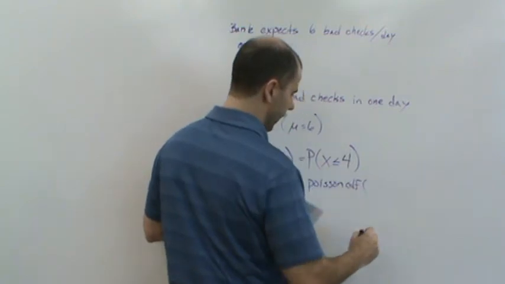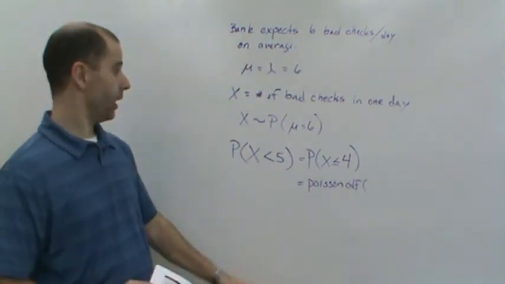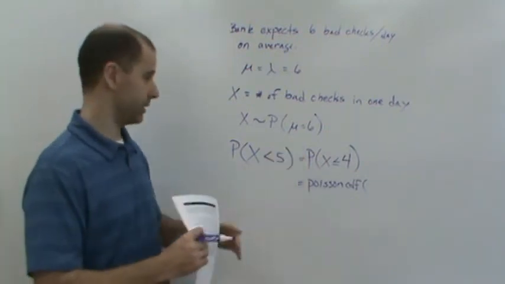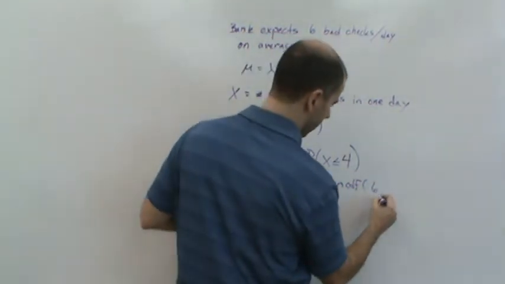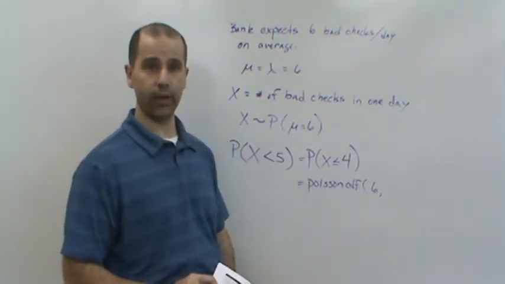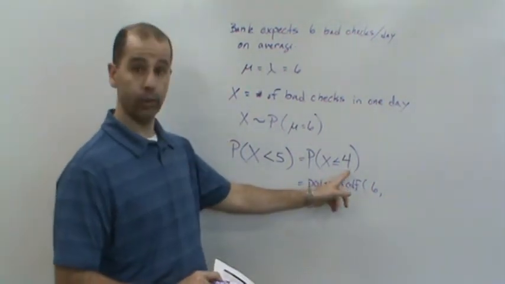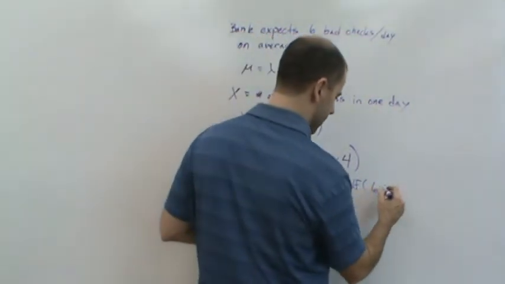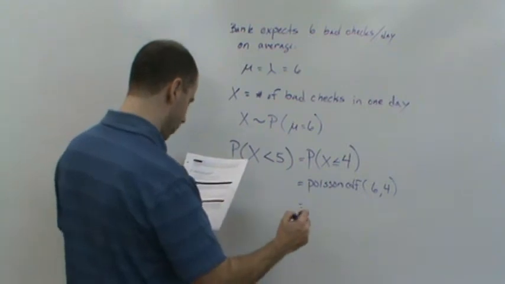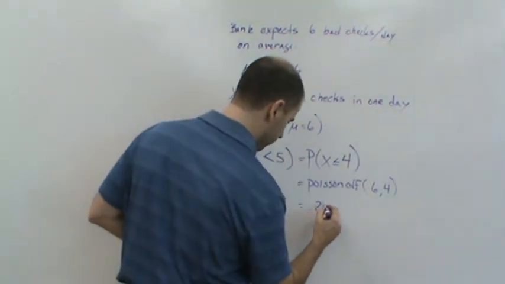What's the first thing I need to put in? My average, 6. Then comma, and my x value, which is 4. So it's 6 comma 4, and then hit enter, and the answer is 0.2851.